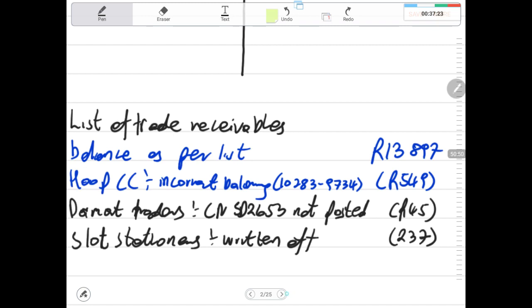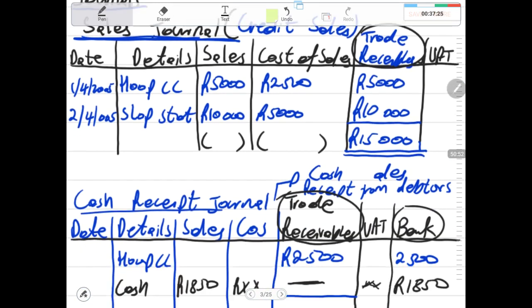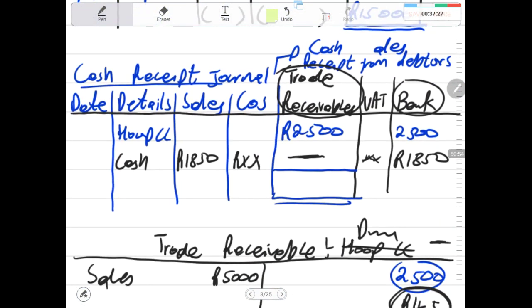Why am I saying nothing was recorded? Because we treated this as a cash sale, and a cash sale does not affect trade receivables. Trade receivables are only affected when money is received from a customer who was paying his account, and that transaction was treated as an amount received from that customer. In this case, this transaction was not treated as an amount received from a customer.